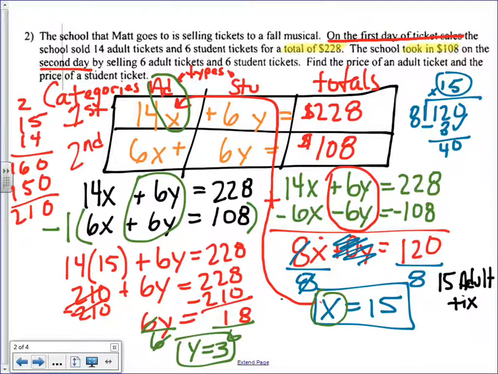And y is the student, so that means they sold 3 student tickets. So there's how you do number 2. The big deal for this problem was you had to be able to distinguish the two different totals. They were both money, so you have to be able to say, this top equation about money is the first day, and the bottom equation about money is the second day.